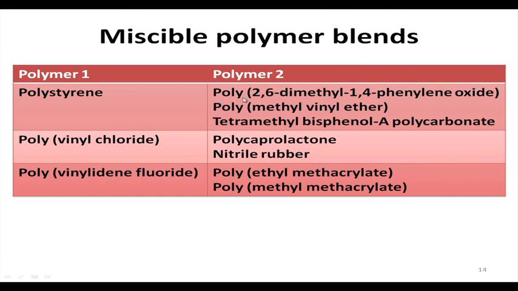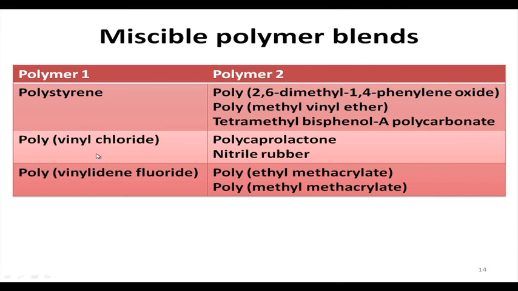One example can be poly 2,6-dimethyl 1,4-phenylene oxide. So, polystyrene with this polymer can make a good blend. Polystyrene with polymethyl vinyl ether can be a different, new polymer blend. Polystyrene with tetramethyl bisphenol A polycarbonate will be again a new polymer blend.